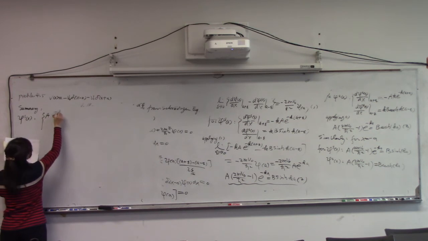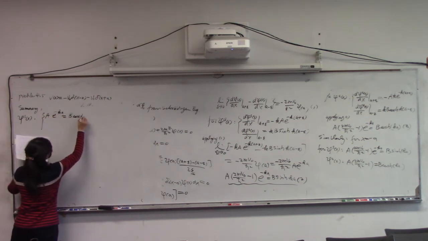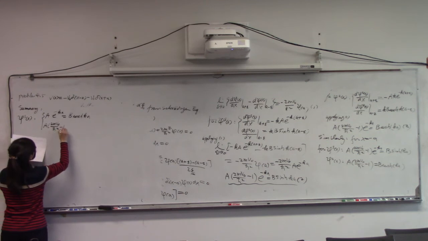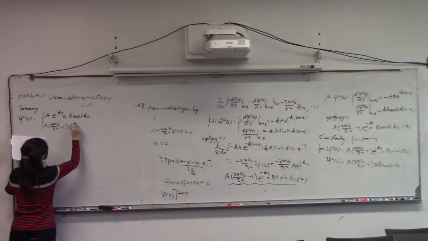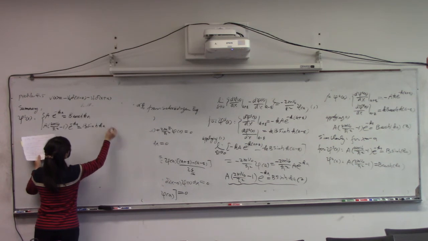A exponential, I just erase for me, write down again. Ka and a 2 mv naught over h plus 1 minus 1 exponential ka equal to b sine ka.